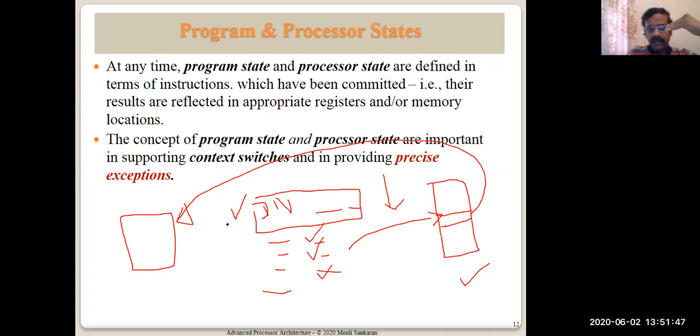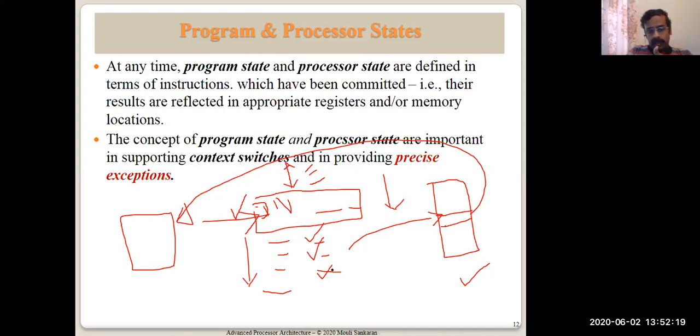When the handler is given control, it may decide to stop the execution and give an interrupt or go to a debugger. If you are debugging, it may show you on the debugger that this is where the instruction stopped. Now when the instruction stopped because of the div instruction, I should have the register values which are computed by the instructions prior to the div and not later than div.